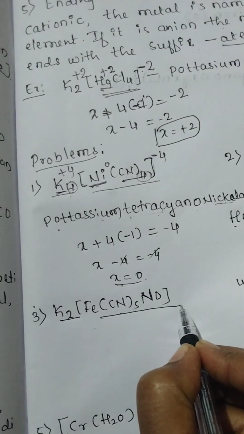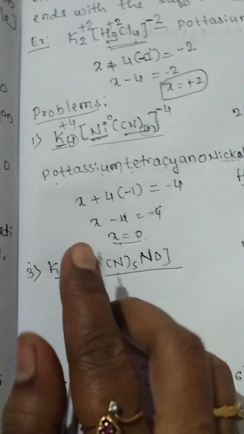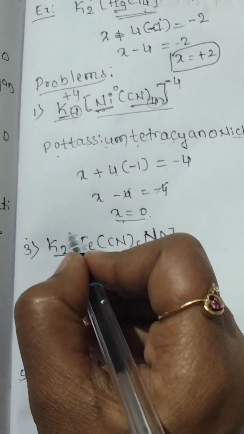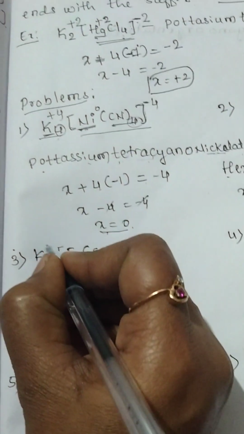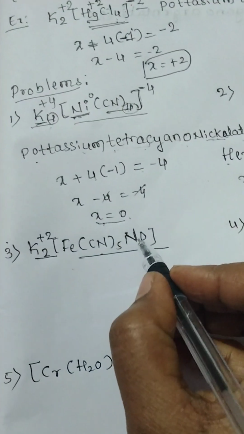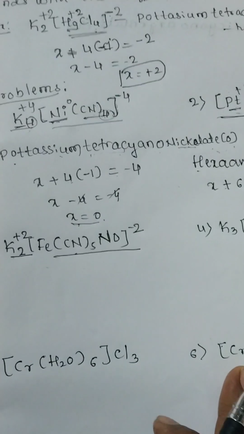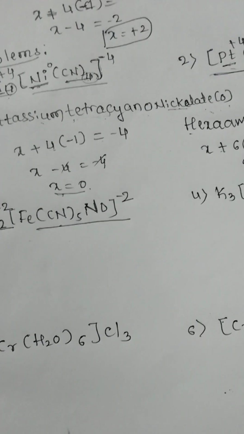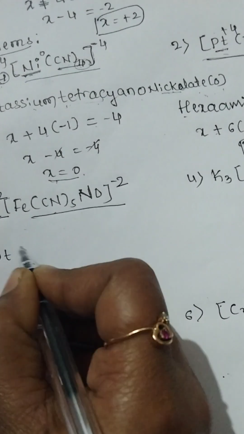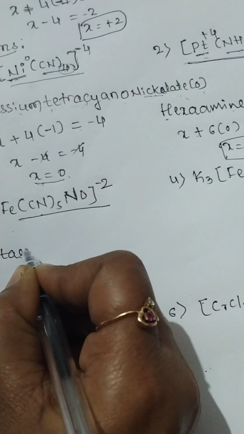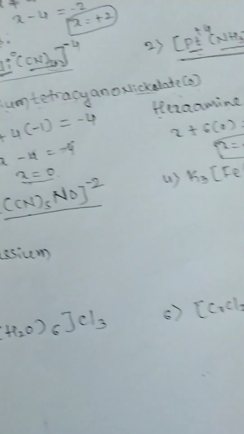complex anion. Now the charge will be +2 and -2. Write the simple cation, potassium.